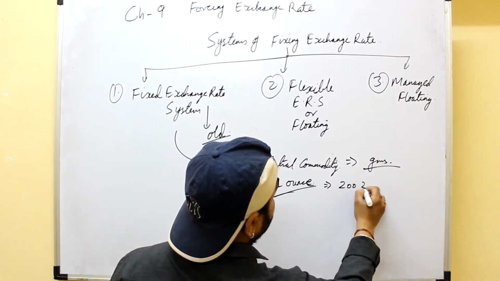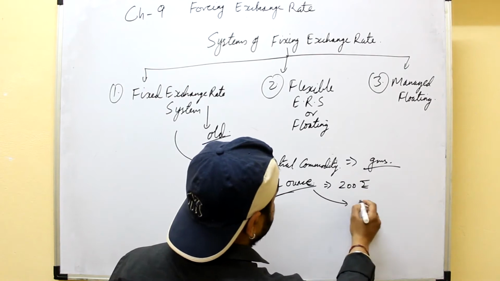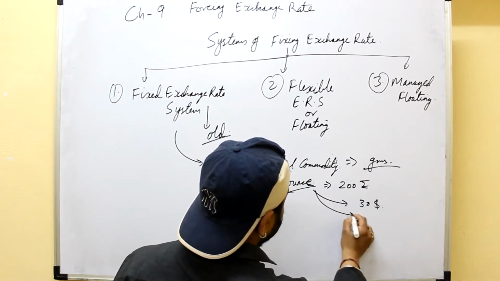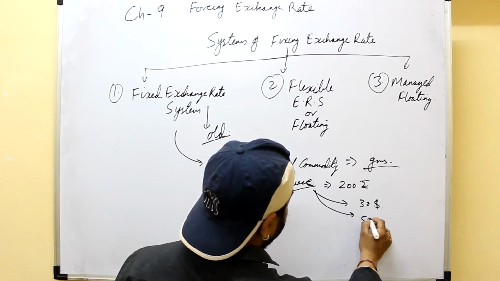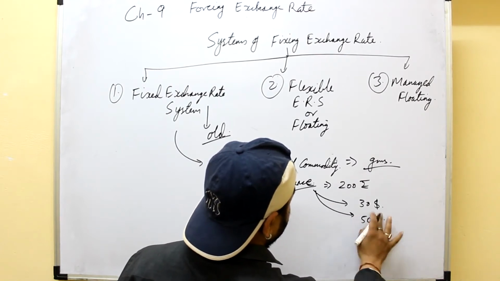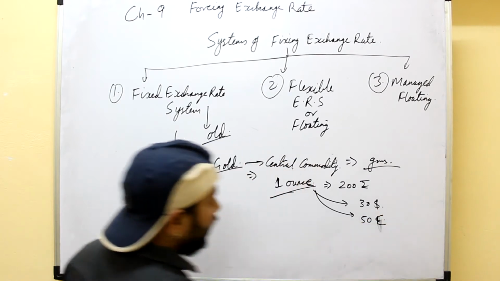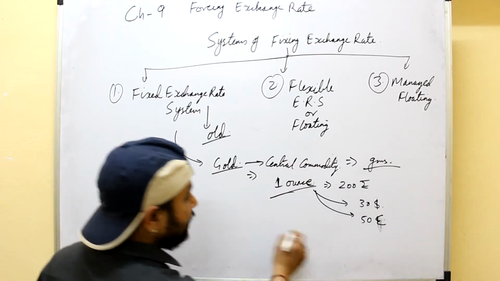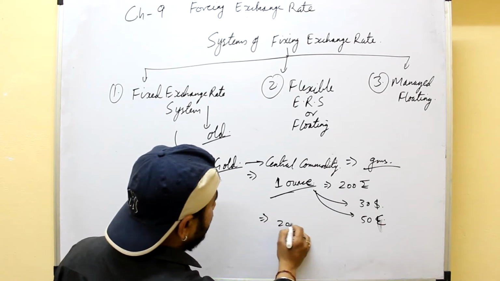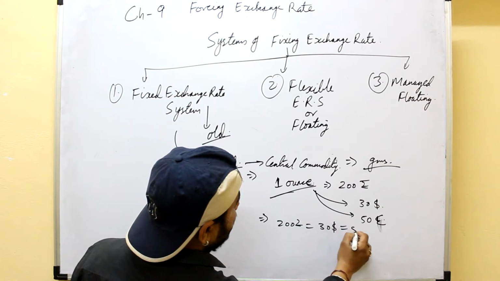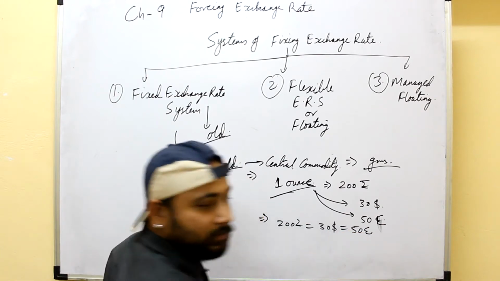200 Indian rupee, and it costs say 30 US dollars, and it costs say 50 pounds or say 50 euros. So in this case, how the exchange rate will be determined is that 200 rupee is equal to $30 is equal to 50 euros.